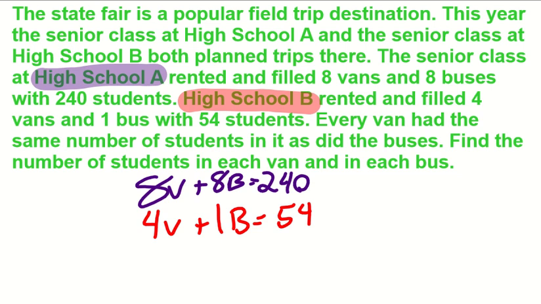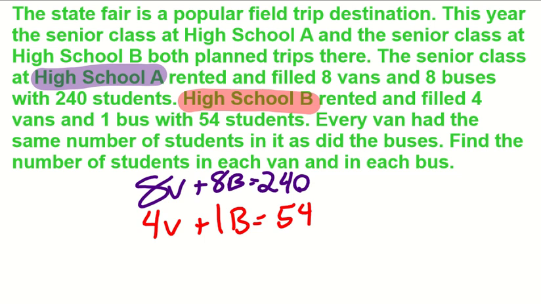So what would we do here? We want to eliminate one of those variables, right? We want to cancel one of them out. To me, V looks like the easier one to cancel out. I've got 8V and 8B on the first one. If I want to cancel, I can either multiply the second one by 2 and cancel out the V's, or multiply the second equation there in red by 8 and cancel out the B's.